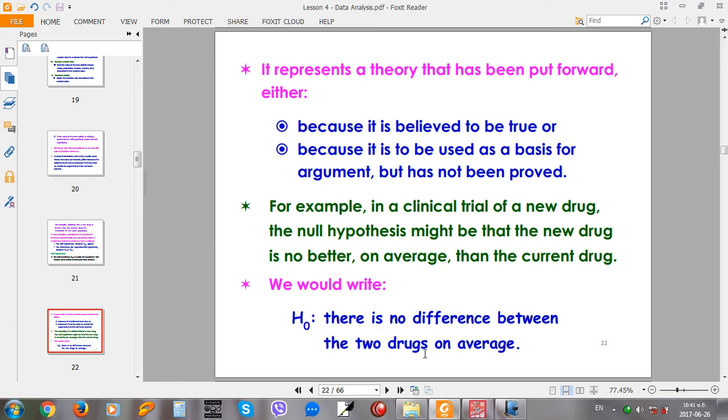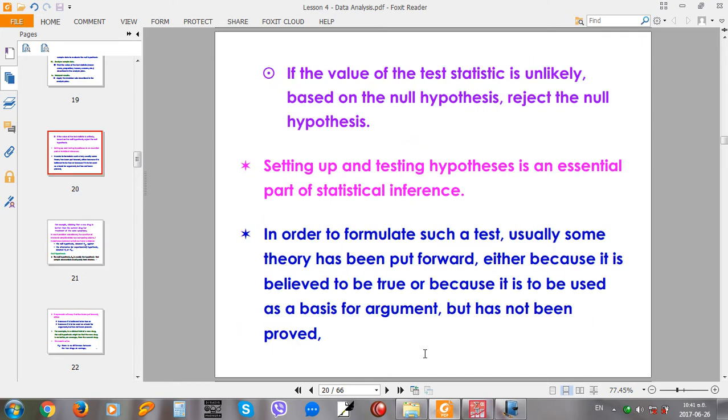For example, in a clinical trial of a new drug, the null hypothesis might be that the new drug is no better, on average, than the current drug. So this is our case.